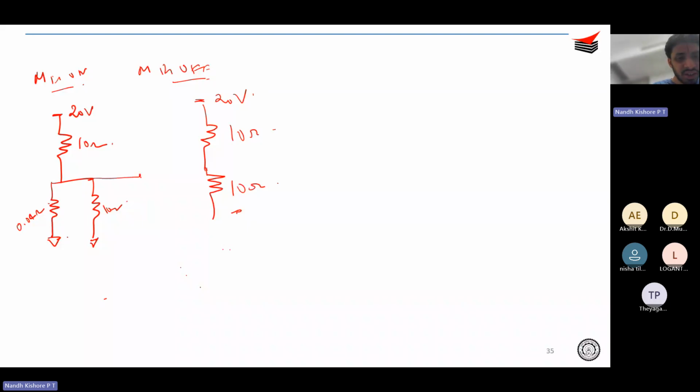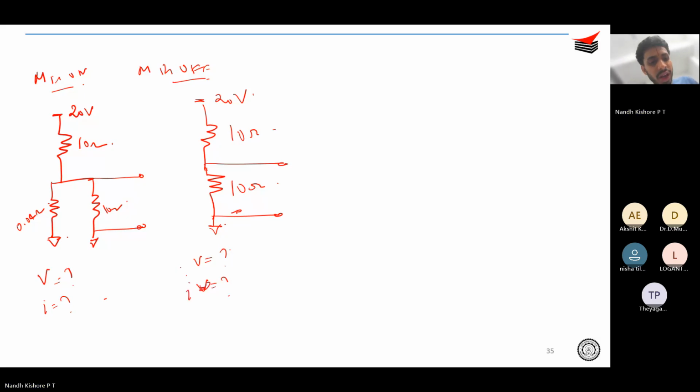The voltage across this is the voltage across the MOSFET. In both cases, you compute V, you compute I, and that's how you get the answer.